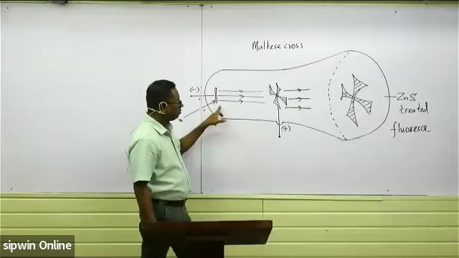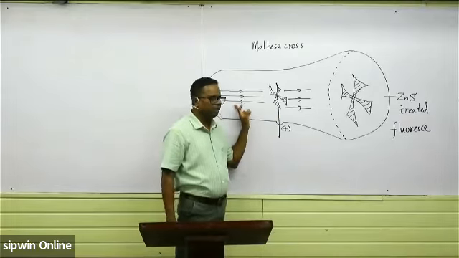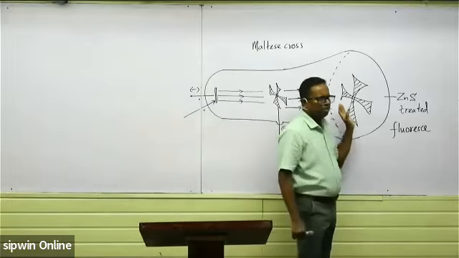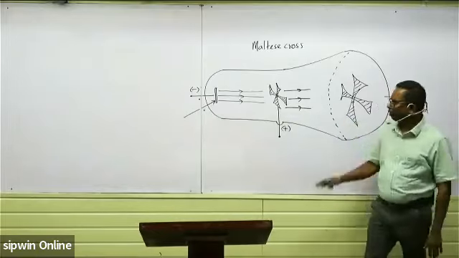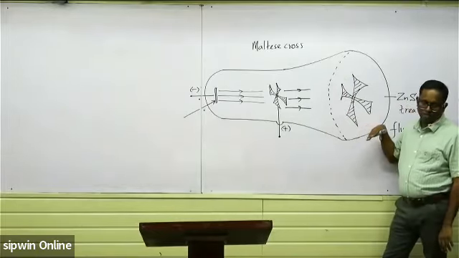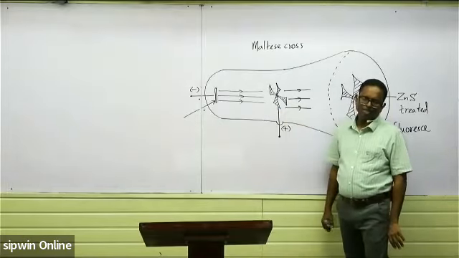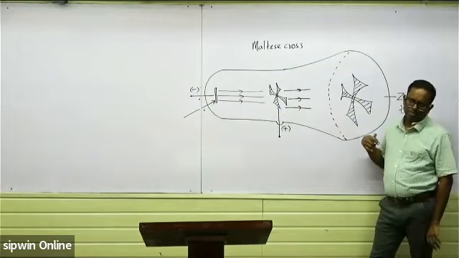With that we confirm these cathode rays are moving in straight lines. If they were not moving in straight lines, we could have a shadow, but you could not observe a shadow with sharp margins. Sharp margins are possible only if they pass in straight lines. So with that we confirm cathode rays travel in straight lines.